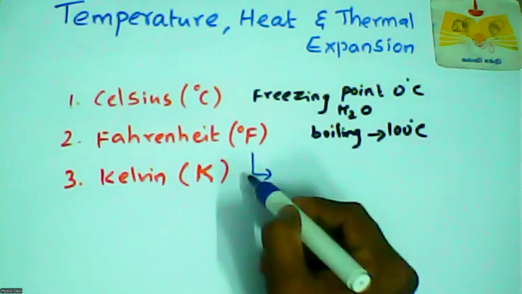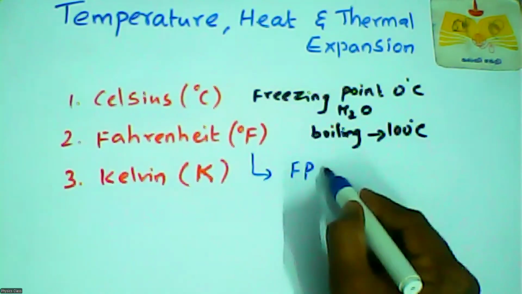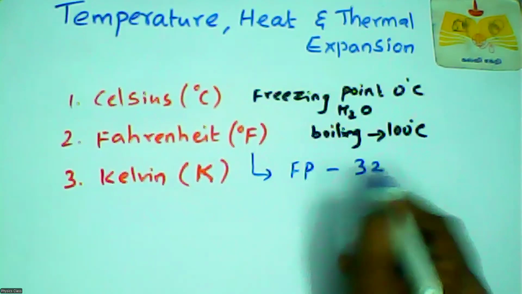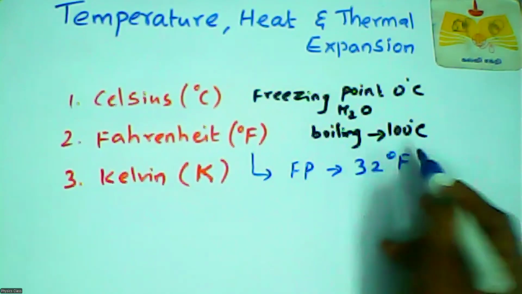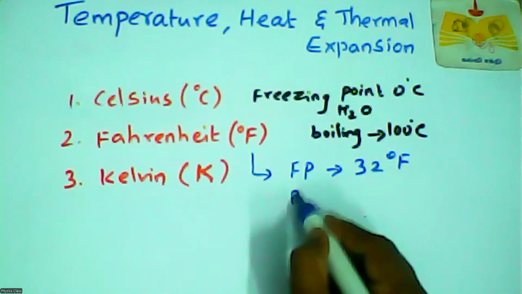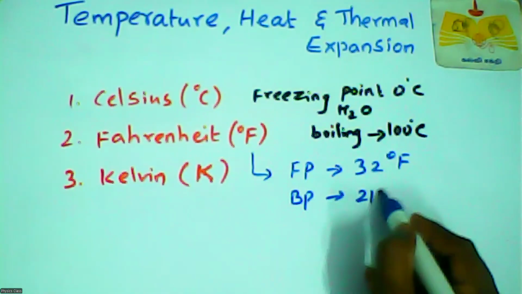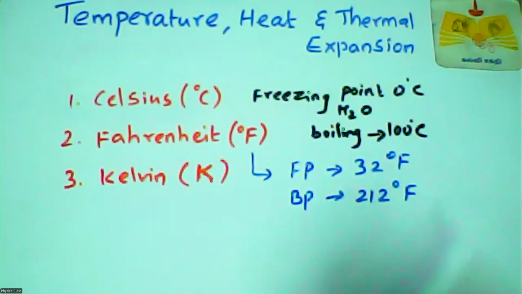In the Fahrenheit scale, the freezing point is 32 degrees Fahrenheit, and the boiling point of water is 212 degrees Fahrenheit.